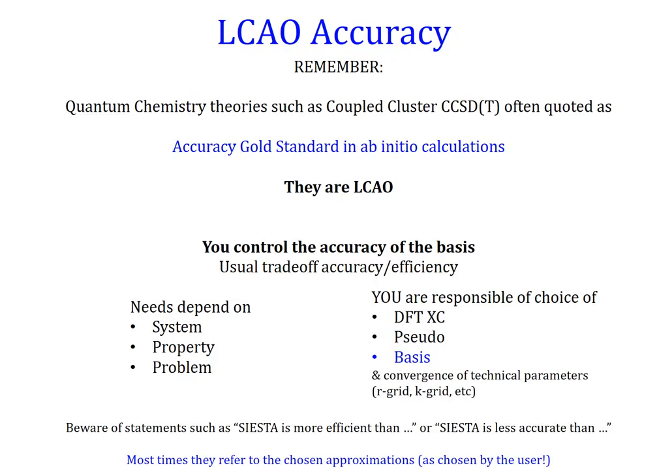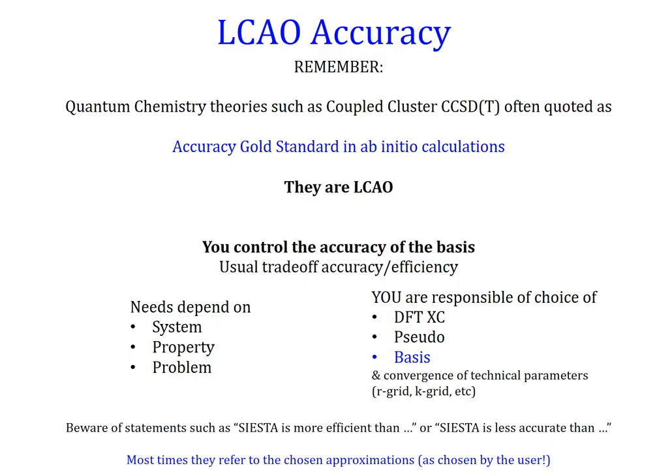And actually the needs depend very much on the system you're dealing with, the property you're after, and the problem you want to solve. And so then you are responsible for the choice of the appropriate exchange correlation density functional, pseudopotentials, and basis set, in addition to the technical parameters you need to converge.